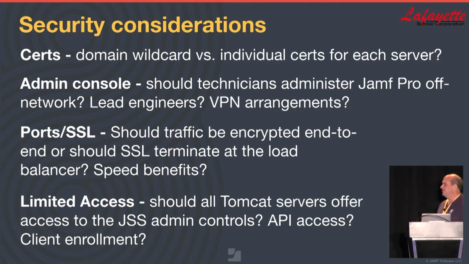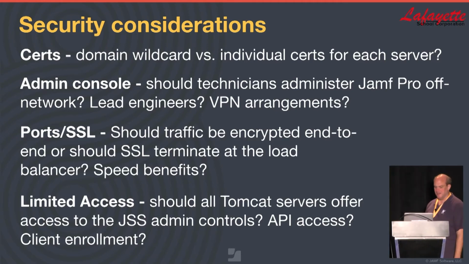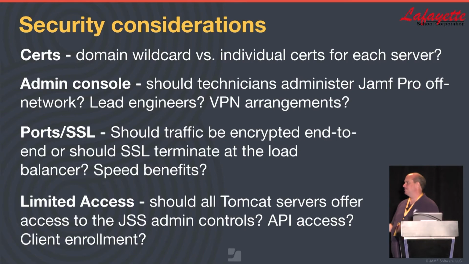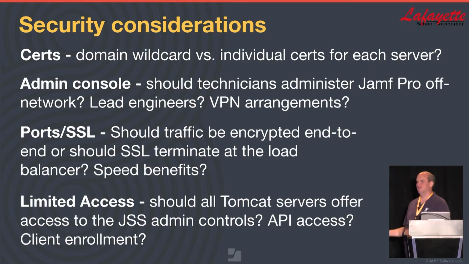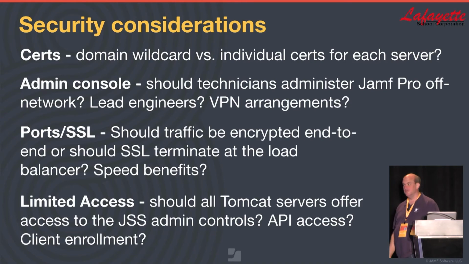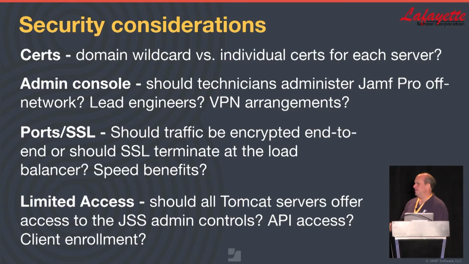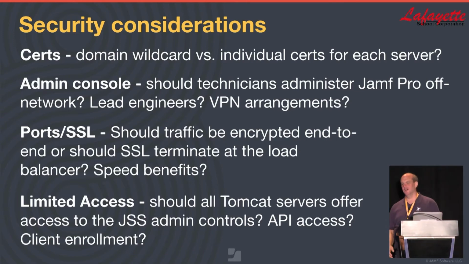And then there's the last one. The JSS offers really good checkbox selection and settings for limiting your Tomcat servers. You can make it so that if somebody hits that URL, it just says server disabled or web access disabled. Or maybe you don't want to leave the API on all the client-facing servers.